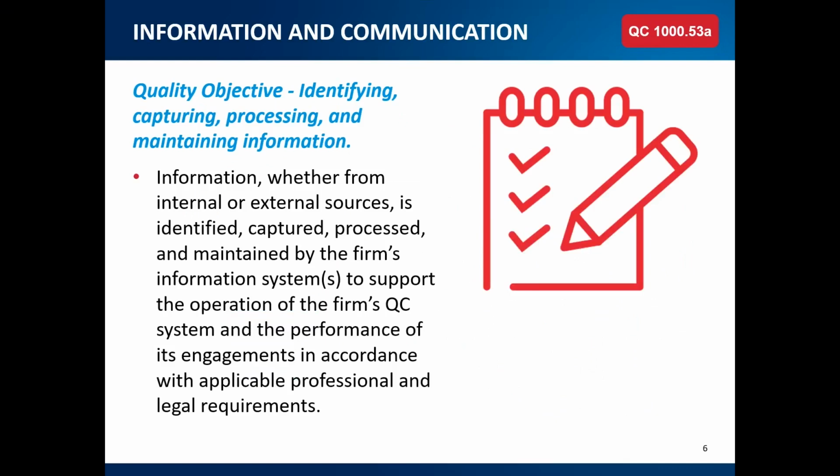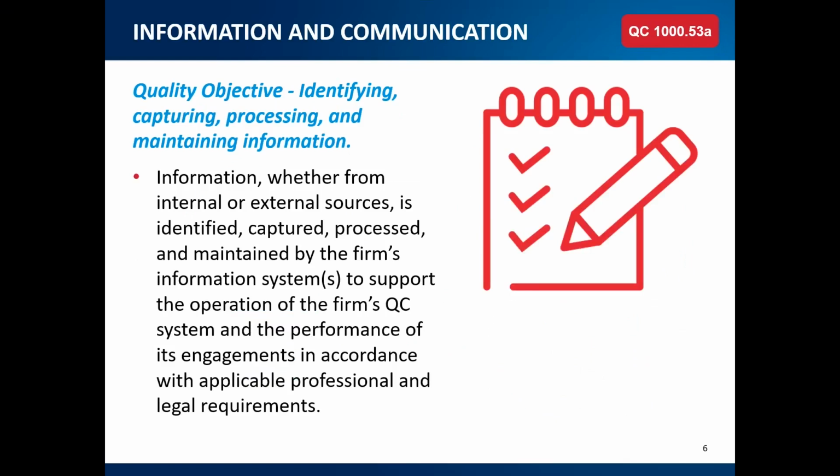The first quality objective in the information and communication component relates to identifying, capturing, processing, and maintaining information. It states that information, whether from internal or external sources, is identified, captured, processed, and maintained by the firm's information system to support the operation of the firm's QC system and the performance of its engagements in accordance with applicable professional and legal requirements.